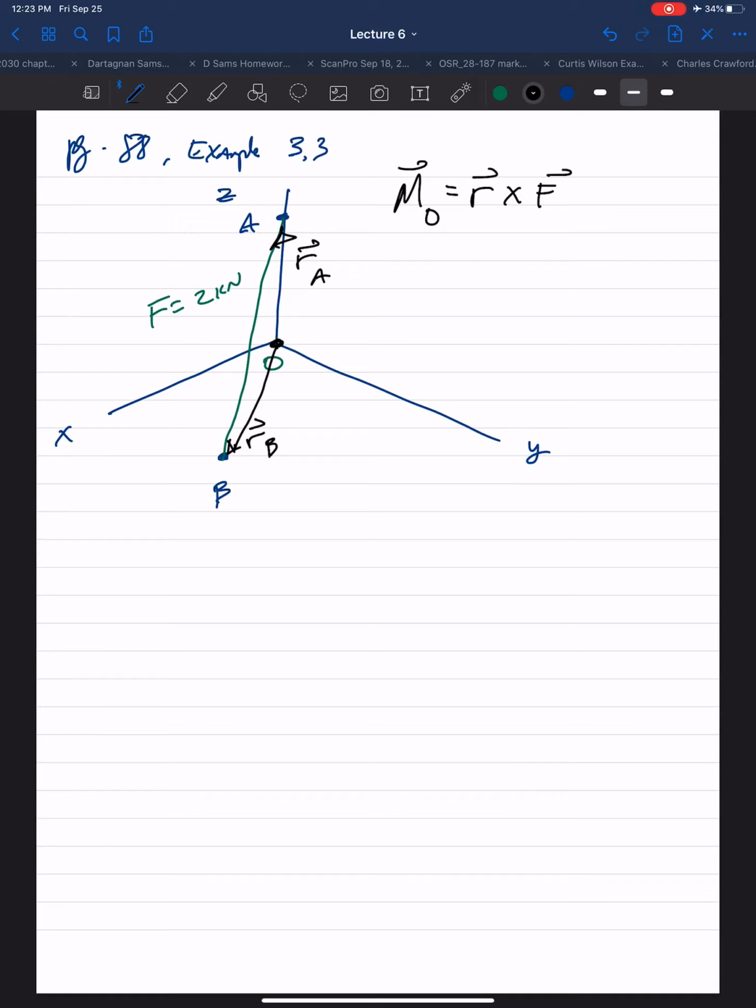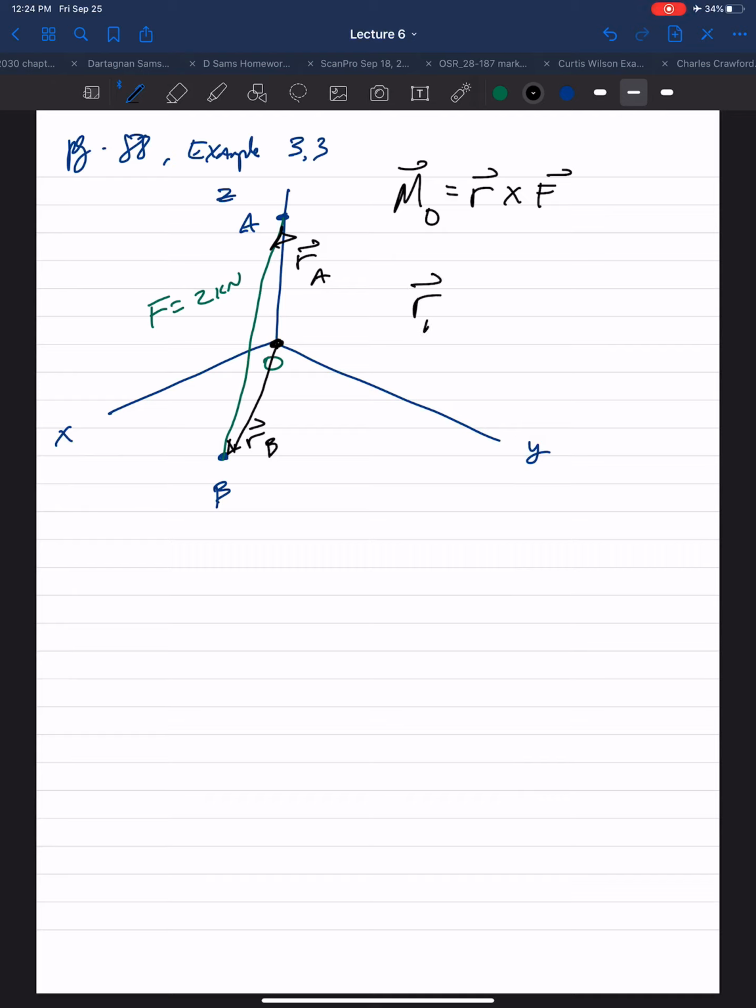So back from chapter 2, on pages 53 through 55 of the text, we can find our position vectors simply by the coordinates of their points from the origin along with the unit vectors in the I, J, and K direction. Well, RA is purely from point O along the Z axis at a magnitude of 12.